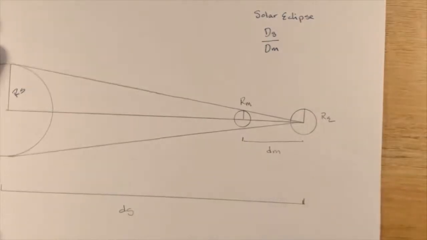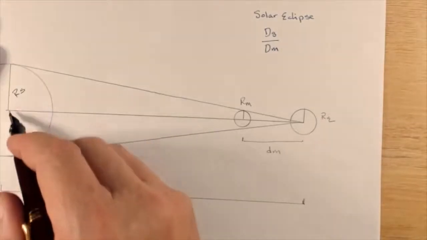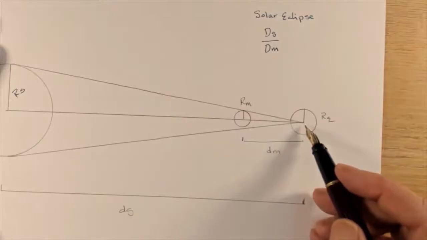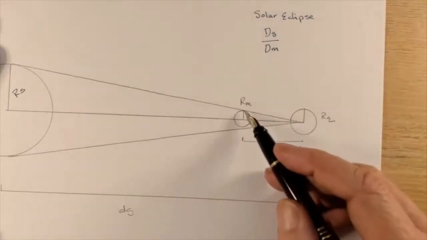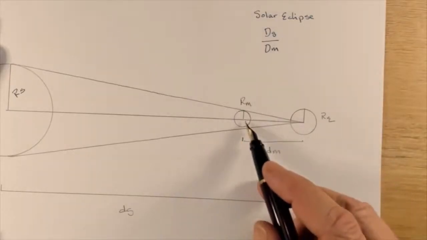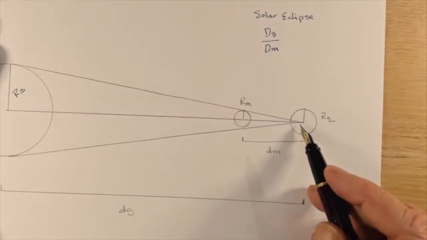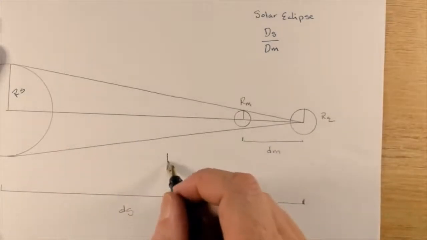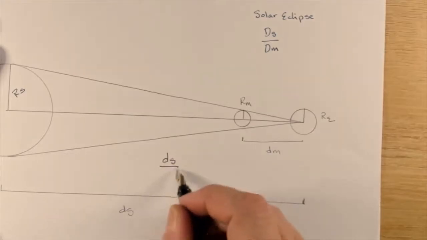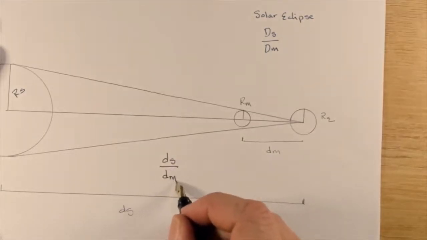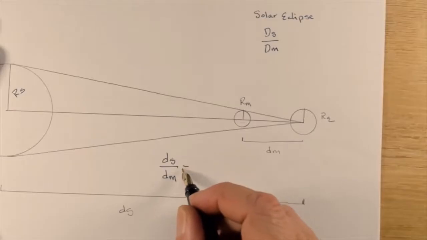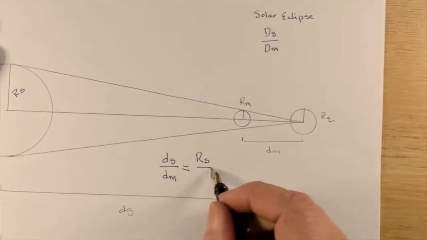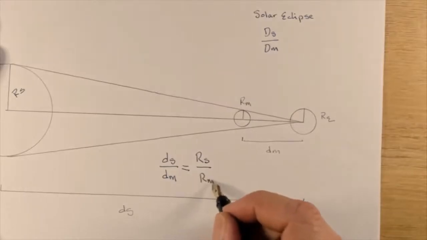So we have two similar triangles here. We have one formed by the radius of the sun and the distance from the Earth to the sun. And we have a second one formed by the radius of the moon and the distance from the Earth to the moon. Because these are similar triangles, we realize that the distance to the sun over the distance to the moon equals the radius of the sun over the radius of the moon.